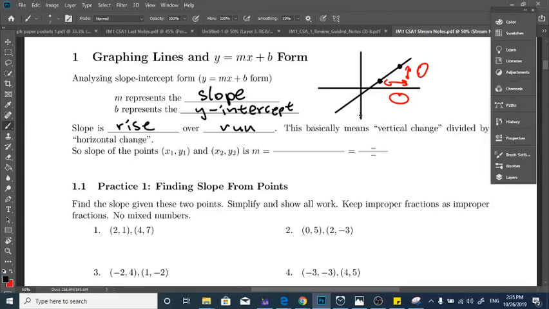If you were asked directly what to do on a test, it would just be subtract the y's divided by subtract the x's. So y2 minus y1 over x2 minus x1. Essentially, it's that. I'm sure we all have this one down. This was one of the parts that in class we got really well.